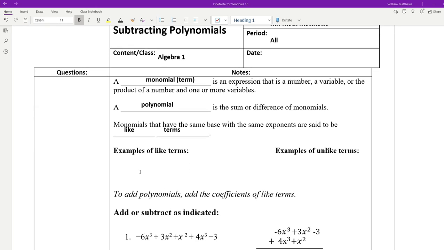So what they mean by like terms, if at any point you have some variable, such as the term 2x, it does not matter what the coefficient is, as long as it has the same variable to the same power. So in this case, our variable is x to the power of 1.